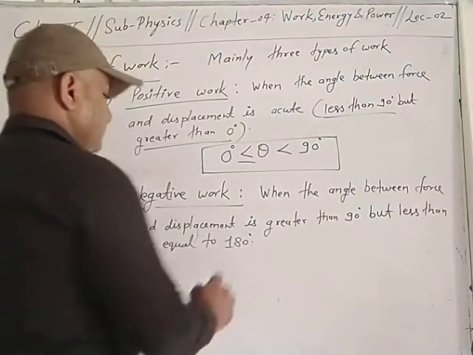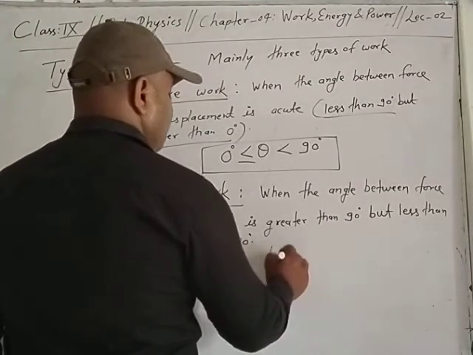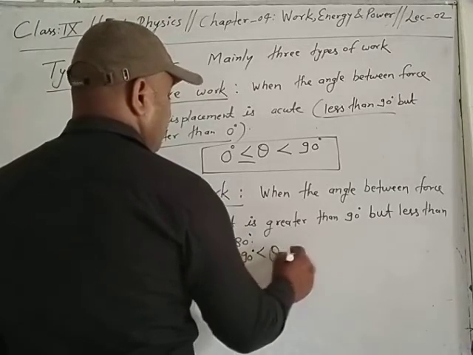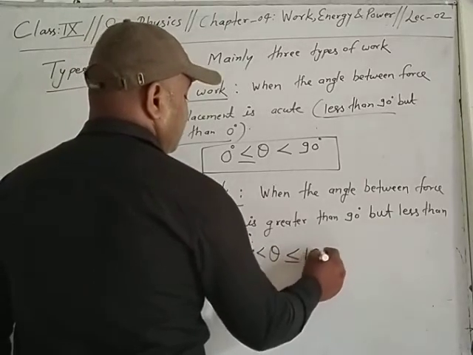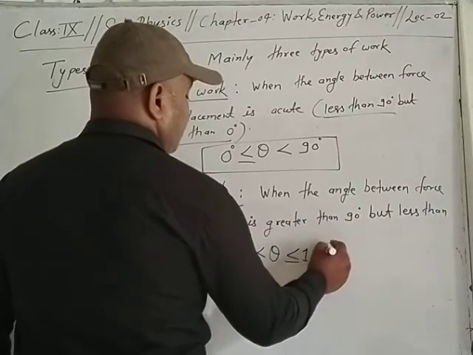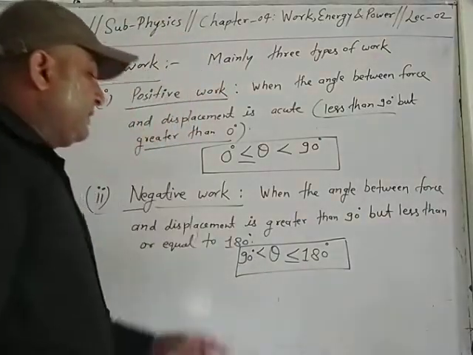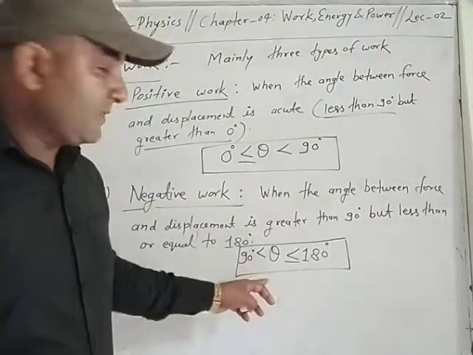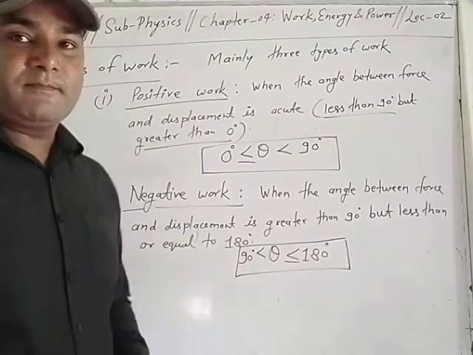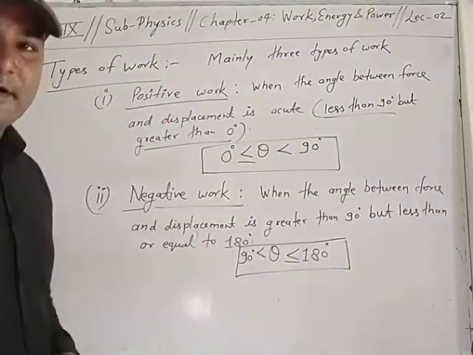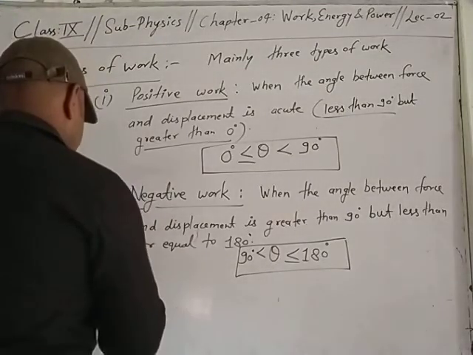Negative work. It means theta is greater than 90 degree and less than or equal to 180 degree. Then the angle range lies between these two angles, and the work done by the force is said to be negative work.